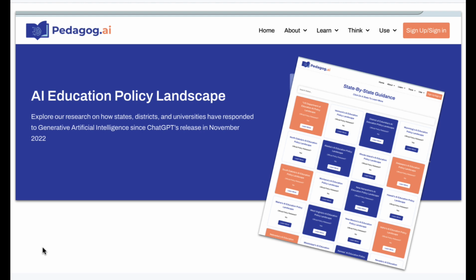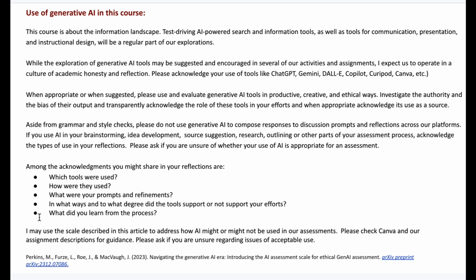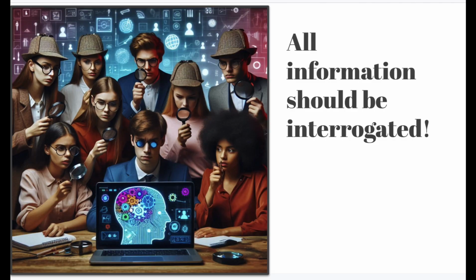This is another document, pedagogy.ai, again, sharing state-by-state guidelines. And this is an example from my course, and this is about my reflection. So if that helps you, please use it. The fact is, all information should be interrogated.